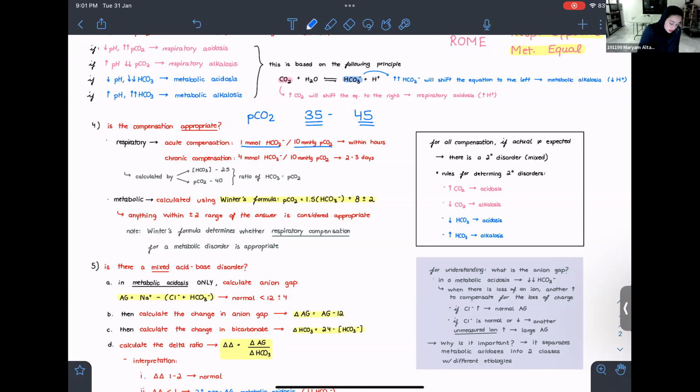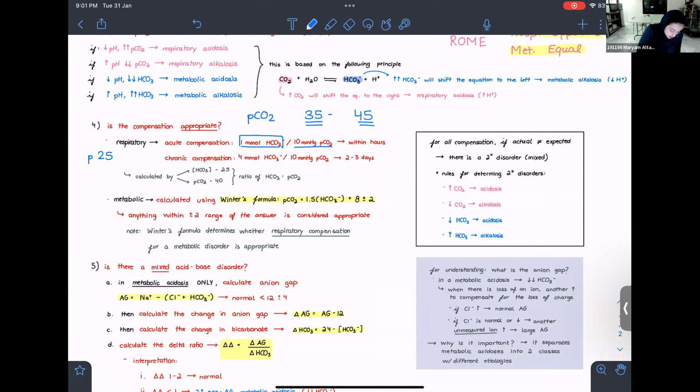Okay, so let's say this patient had acute hyperventilation, for example. Hyperventilation, we know they're breathing out way too quickly, so their CO2 is low. So let's say you have a case where the CO2 is, let's say 25. And from that, the bicarb is going to increase supposedly by 1 millimole for every 10 millimeters of mercury change in CO2.